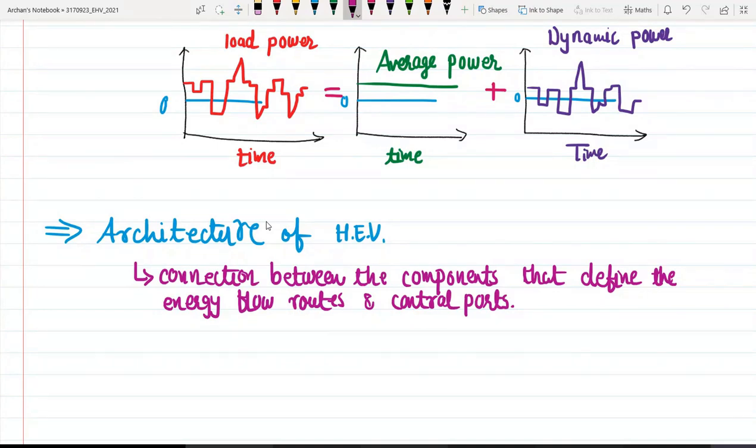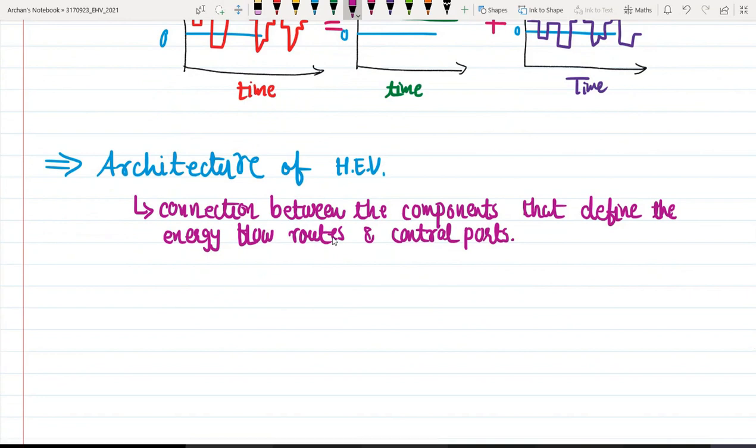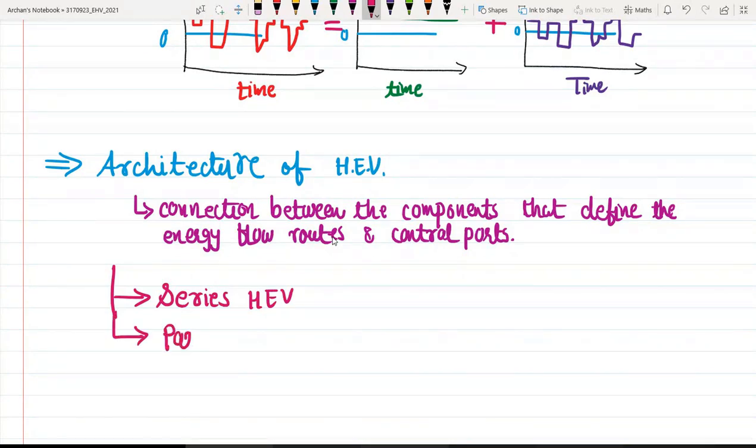Okay, so traditionally these hybrid electric vehicles were classified into two basic types. One is known as series hybrid electric vehicle and another one is parallel hybrid electric vehicle. So we have these two types, series hybrid electric vehicle and parallel hybrid electric vehicle.